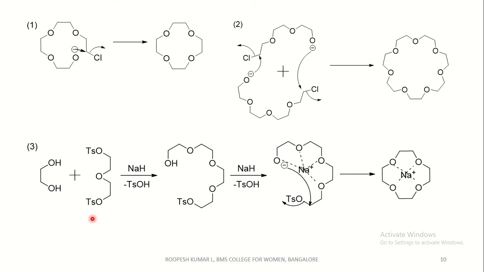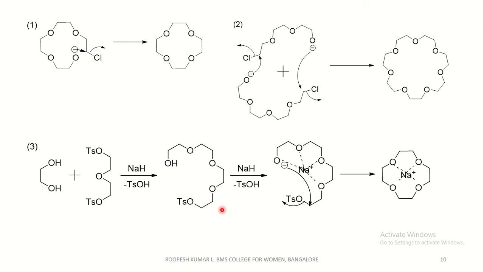Coming to the third example, you can see there is a diol, ethylene glycol, which reacts with the 1,5-tosylate in the presence of sodium hydride. This sodium hydride is a base which abstracts a proton here to form O minus. This O minus attacks this carbon with the elimination of a tosylate ion, since tosylate ion is a very good leaving group, to form the corresponding alcohol.